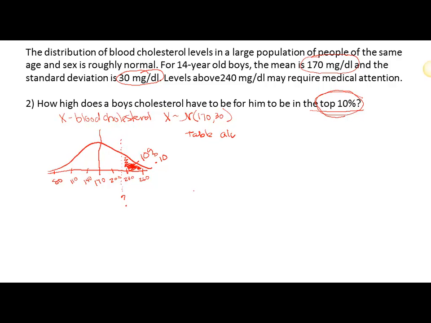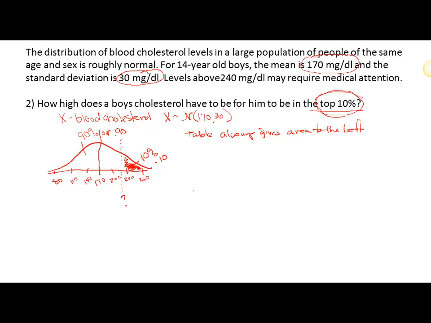Table always gives the area to the left. Looking at my picture here, I know that the area to the right of this mystery X value is 10%. So if there's 10% to the right, then to the left there would have to be 90%, or 0.90.